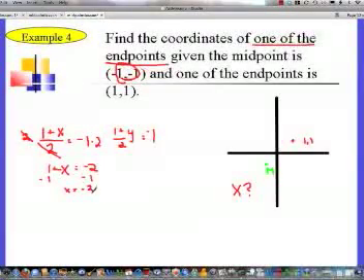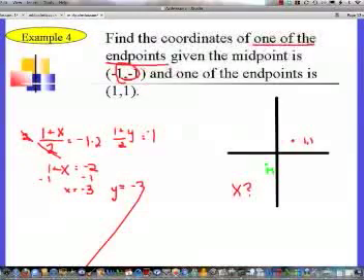And of course the other equation in this unique case is exactly the same, so y equals -3 over here. And my other endpoint then is going to be at -3, -3.